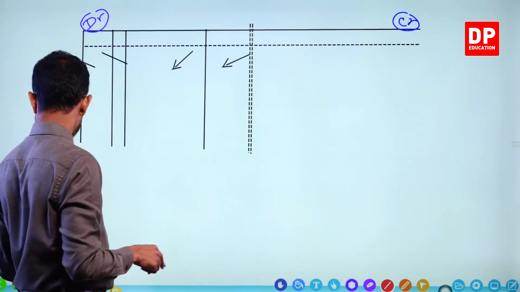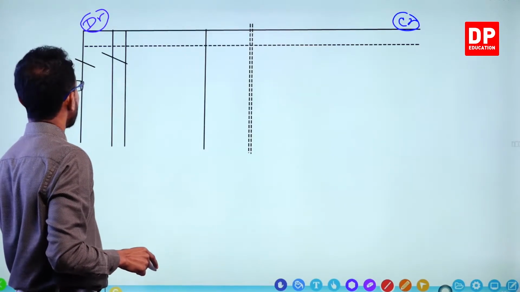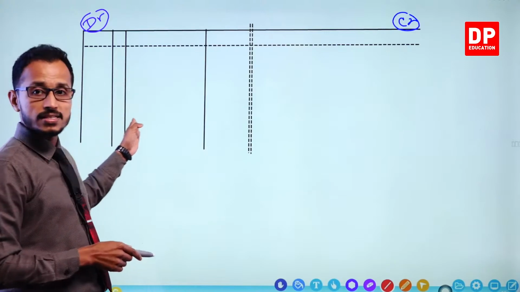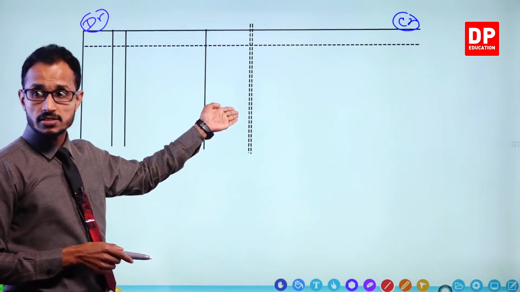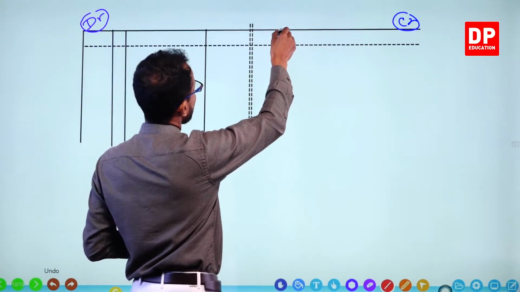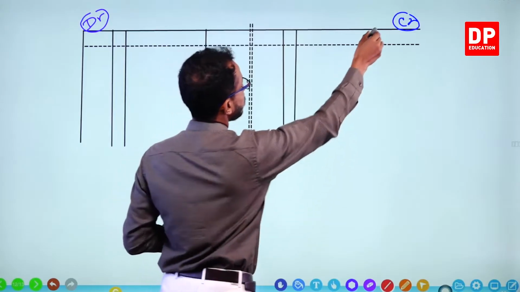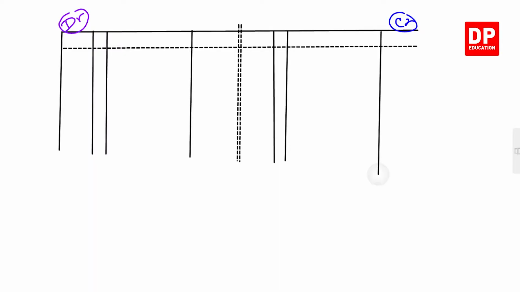Right? That's how we draw the columns. Little things have big effects. Again, on the credit side also, little things have big effects.